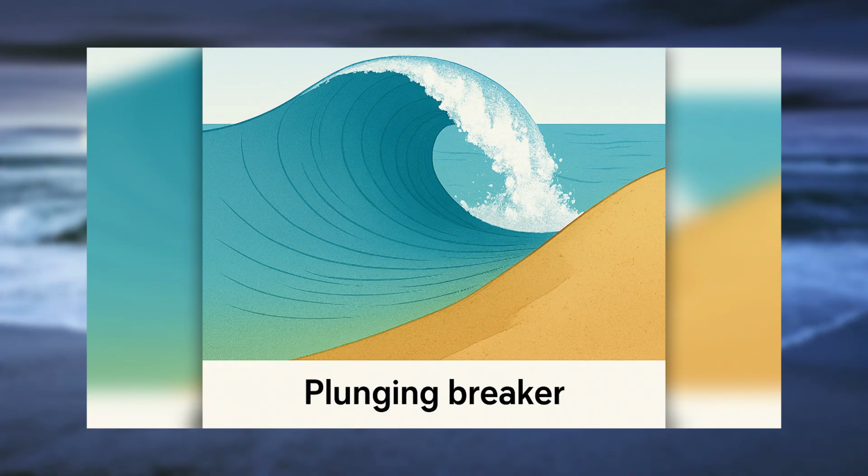Plunging breakers occur when the seafloor becomes very steep or when the water depth changes suddenly, such as near reefs or sandbars. As the wave moves into this steep area, the bottom of the wave slows down quickly, but the top keeps moving faster.